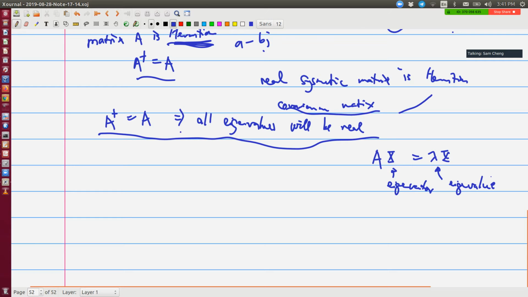So it's saying that as long as A is Hermitian, all the eigenvalues will be real, for any eigenvector.